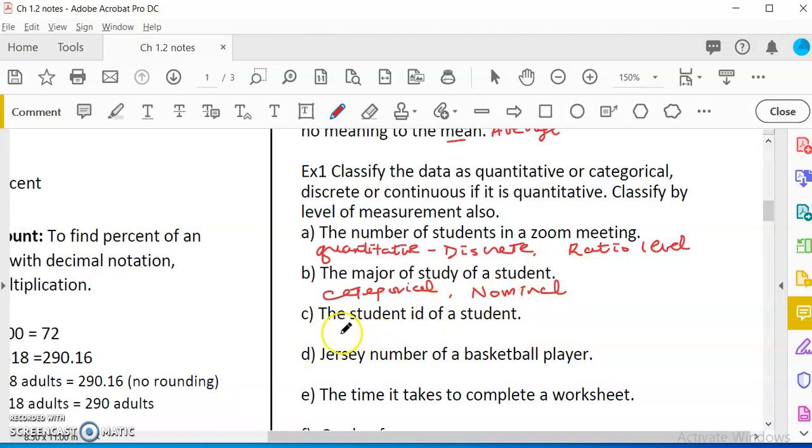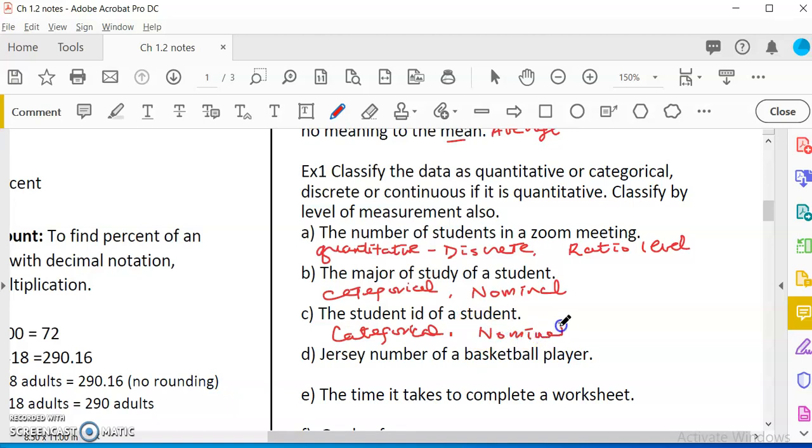Student ID. Student ID, it's a number, but this number does not measure anything and it's not a count. So it is categorical. It is actually just a name. They use a number to represent the name of a student. Now, student ID can be sorted in a certain order, but the main use of a student ID is actually the name, and name does not describe any category per se. So I would say it is nominal.